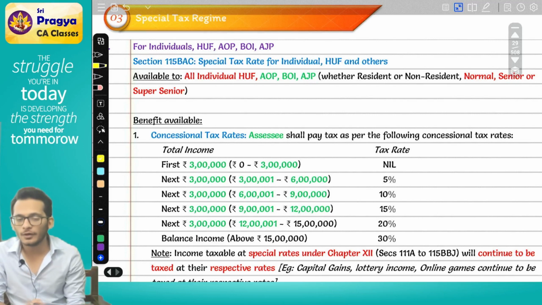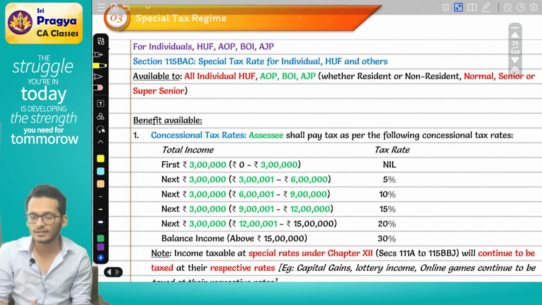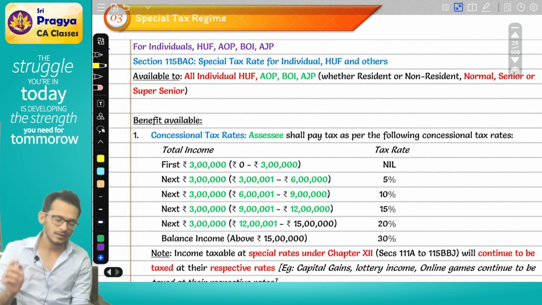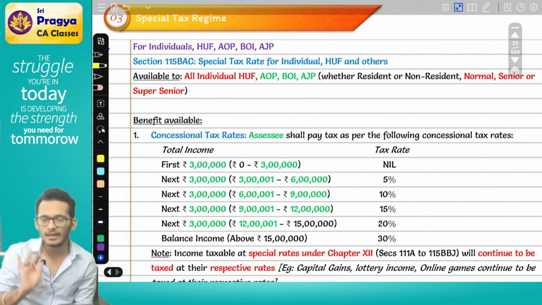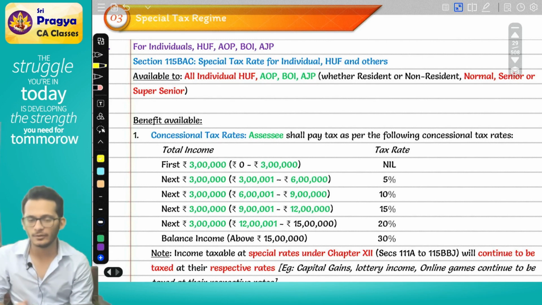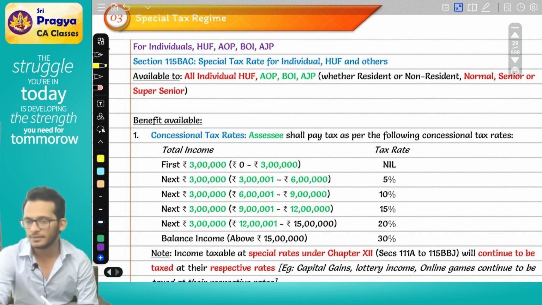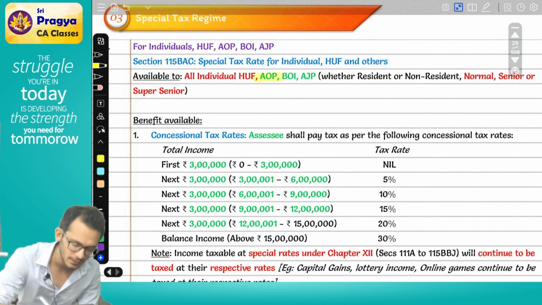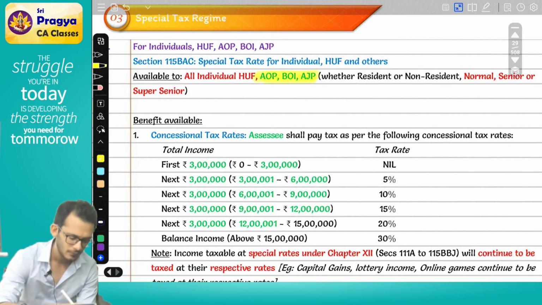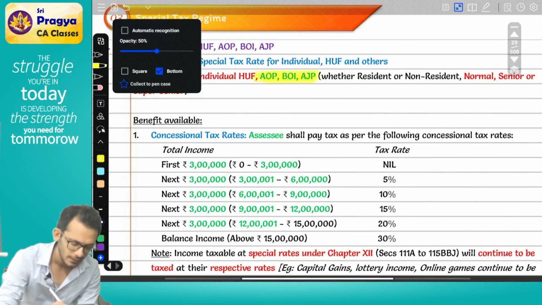I'm going to tell you what to highlight, because those are the amendments. First of all, like I told you, until last year, 115BAC was only applicable to individuals and HUF. This time they've introduced AOP, BOI, and AJP. So please highlight the AOP, BOI, AJP.